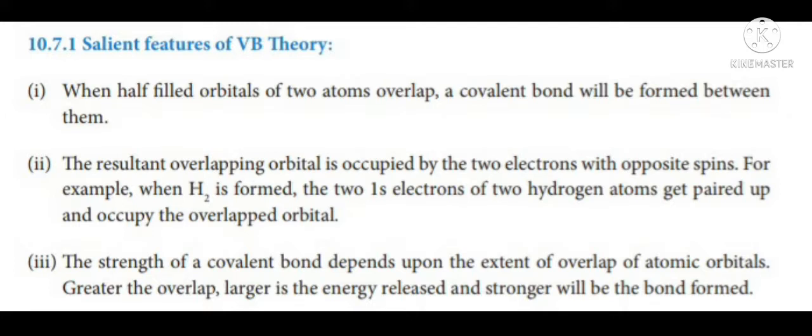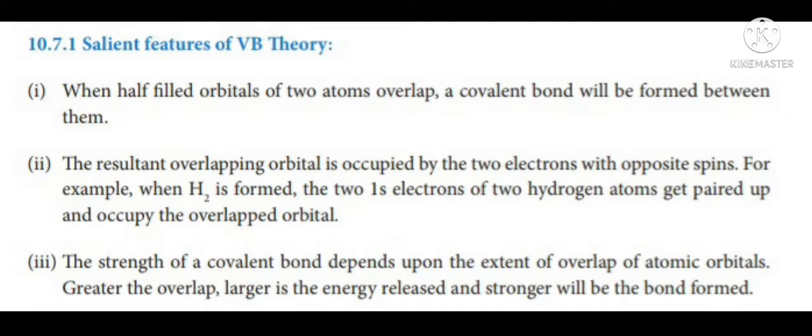Here, two atomic orbitals with 1 electron each overlap with each other. Now, a new orbital is formed. The new overlapping orbital contains two electrons with opposite spins.